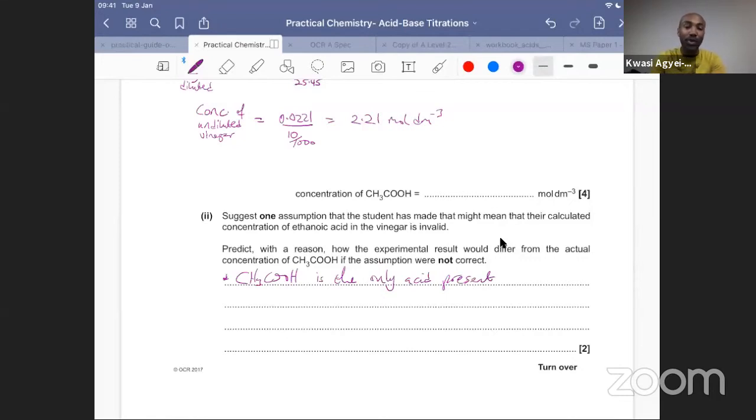It says, predict with a reason how the experimental result would differ from the actual concentration of ethanoic acid if the assumption were not correct. So if the assumption were not correct and there was another acid in there, then of course you're getting a concentration based on 2 different acids, and so the contribution of ethanoic acid to the number of moles in that volume is actually less than you think, because you've got another acid present.